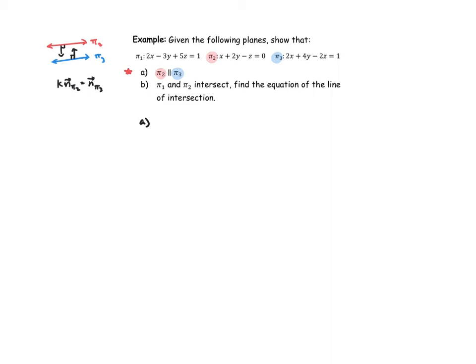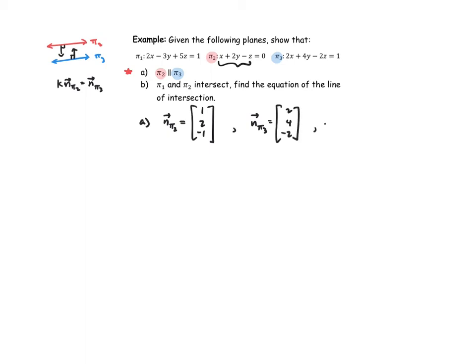Okay, now how do I identify a normal, right? So this is what I was kind of waffling on, but the normal of pi 2 is going to take on the values of the coefficients of x, y, and z. And that is always true, right? So you can see for pi 2, I've got coefficients of 1, 2, and negative 1. Okay, the normal of pi 3 is identified by the same method, right? So 2, 4, and negative 2.